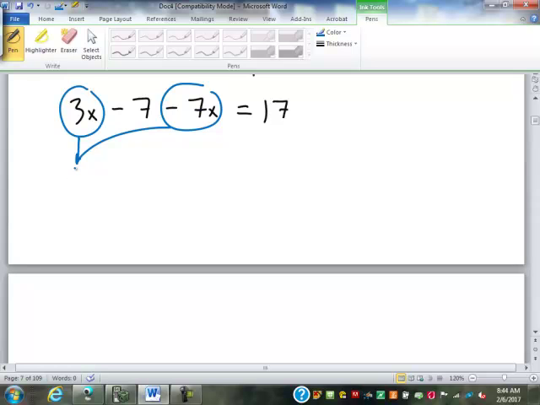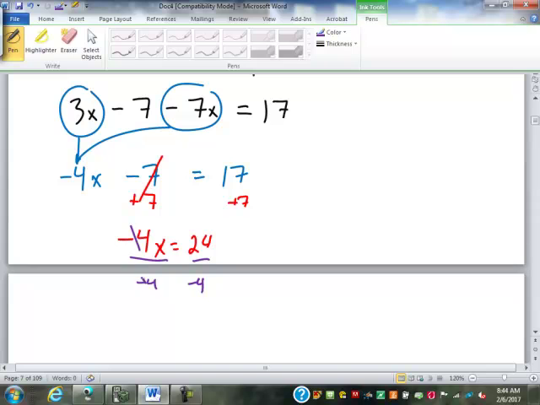So 3x and negative 7x make negative 4x. Still got the minus 7 equals 17. And then plus 7. So negative 4x equals 24. And then divide by negative 4. So x equals negative 6. Any questions?